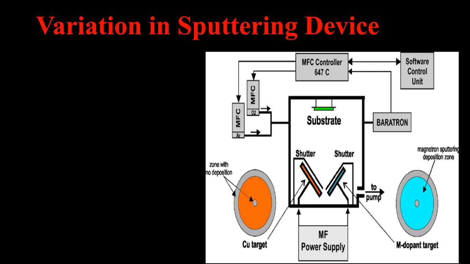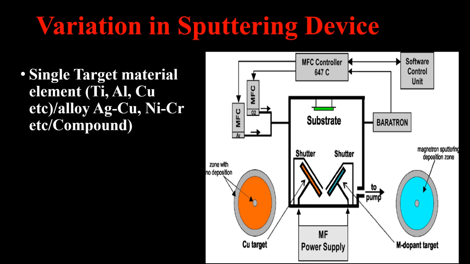So we can play with the sputtering device. It's not necessary that the sputtering can only deposit one source material. In one sputtering apparatus we can have a lot of source materials, and we can get a lot of complex thin films from these apparatuses.